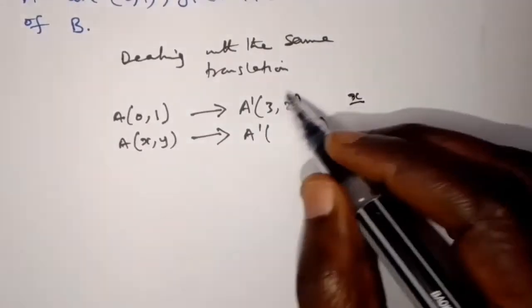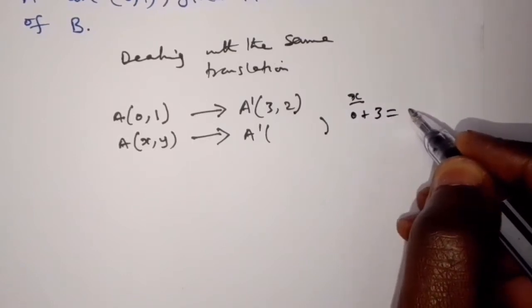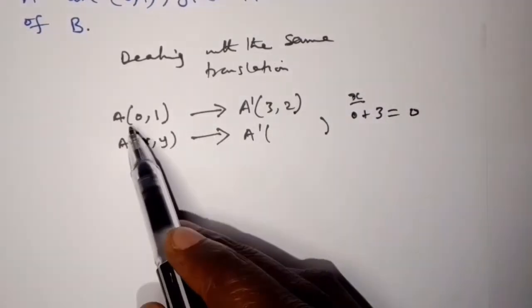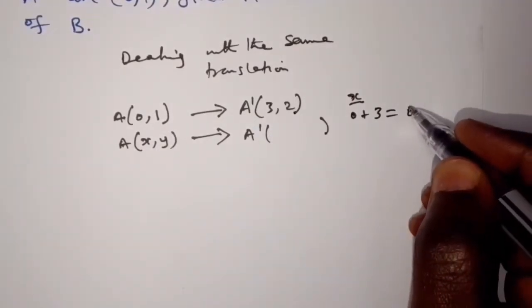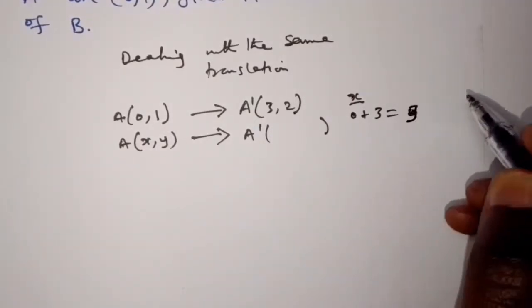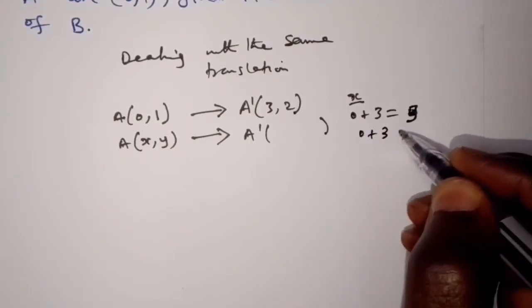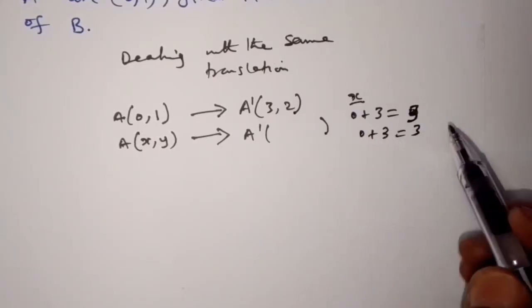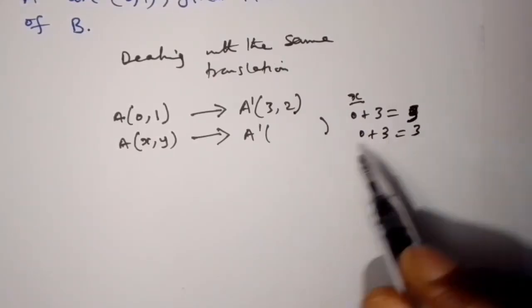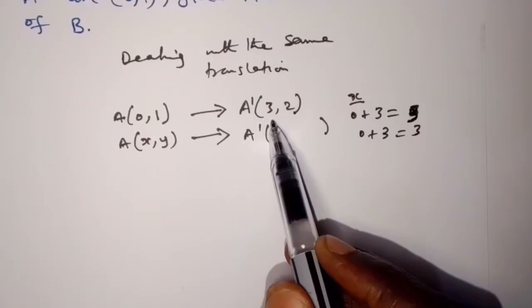So this is 0, and when you add 3, you get 3.